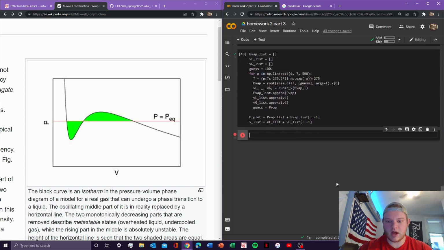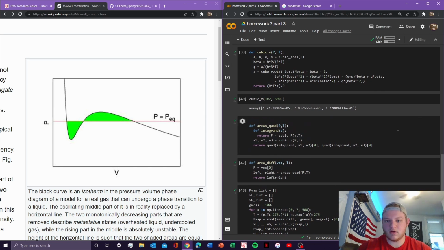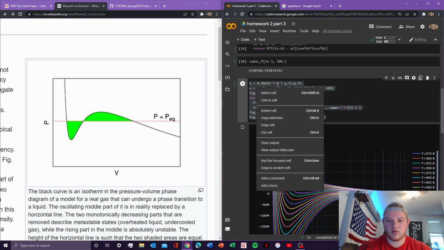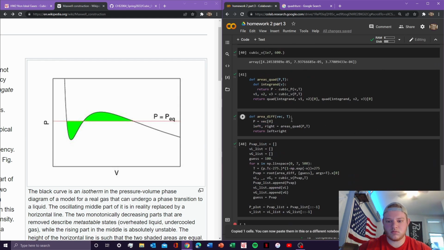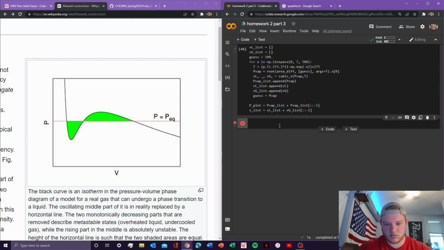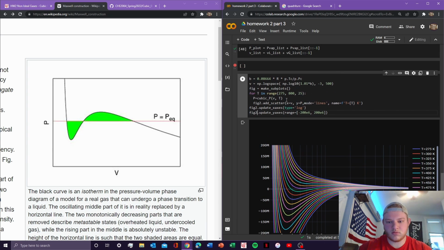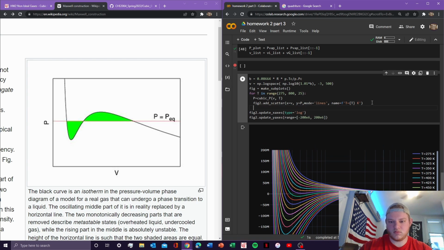Good. Now basically we need to make a graph, so let's pull in this exact same graph we had. Control V. Let's name this 2 just so we don't mix it up. Good. So now let's make another graph.